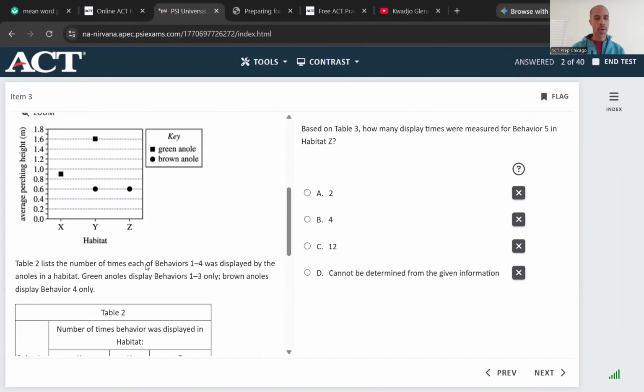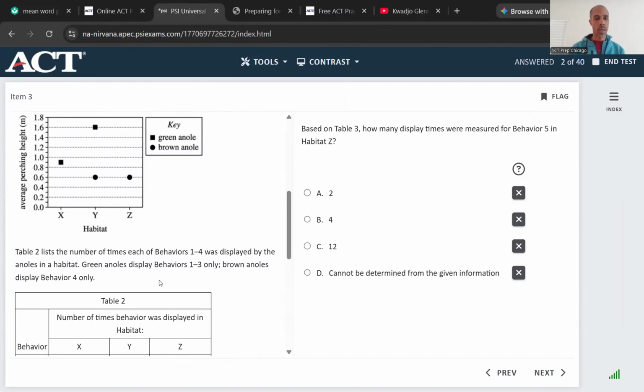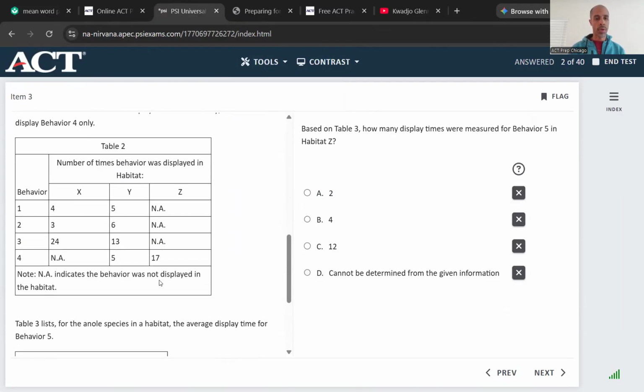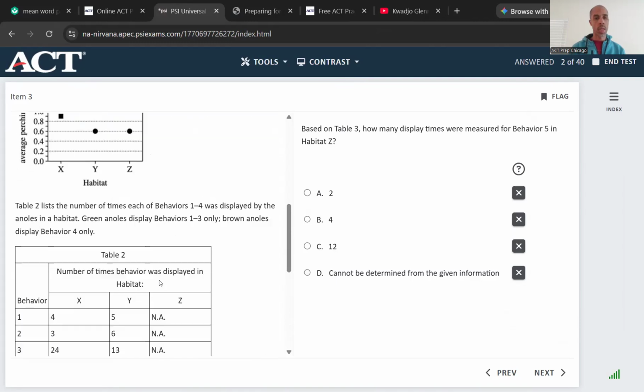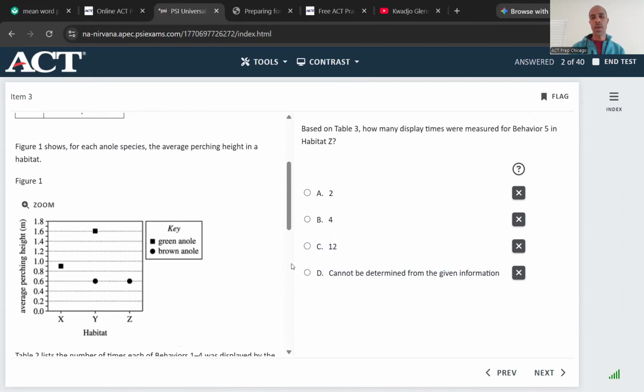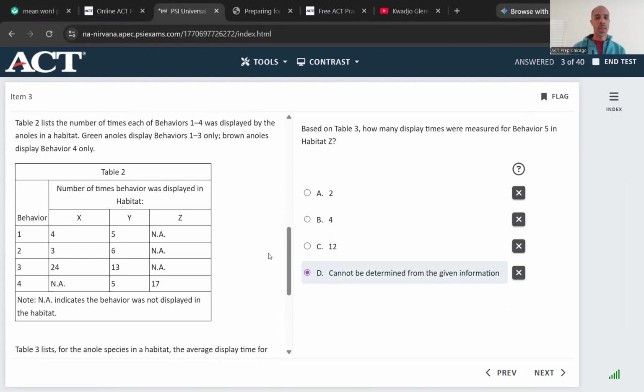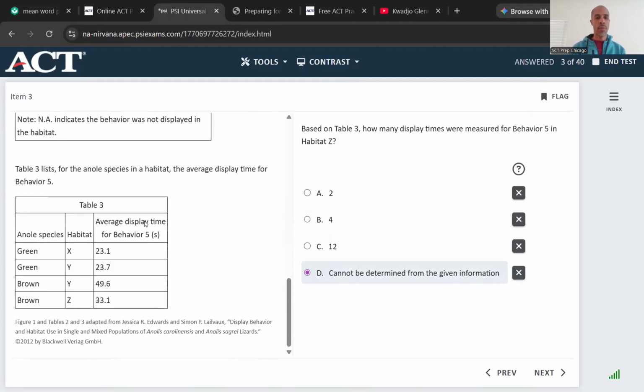Table two lists the number of times each behavior is displayed. We can't determine that because average means you add them all up and divide. In table three, they give you the average display time for behavior five.